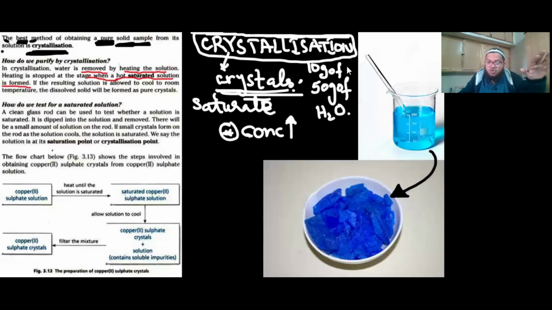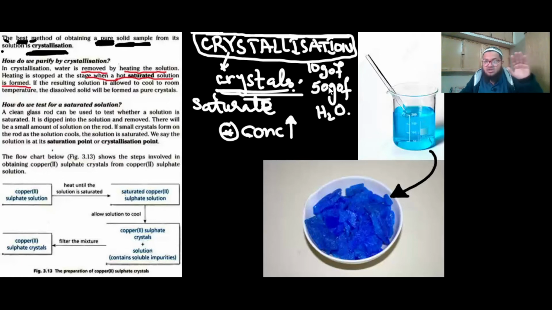Just assuming, this is not the actual values. If instead of adding 10, I add 20 grams of sugar, that means I have saturated the solution. That means I have added more solute than the capacity of the solvent to accommodate.